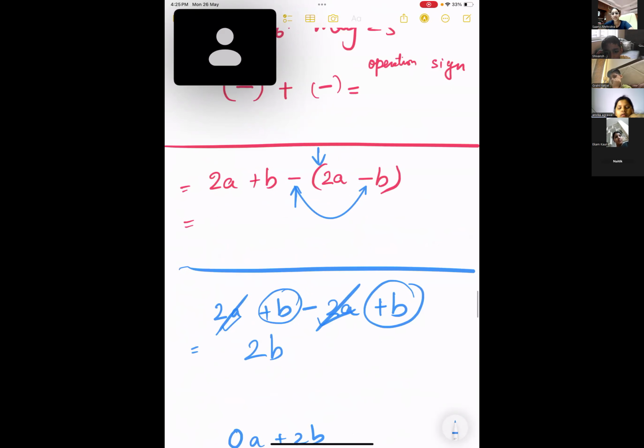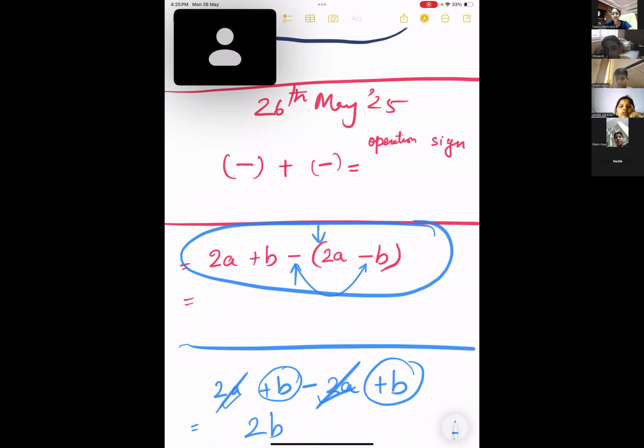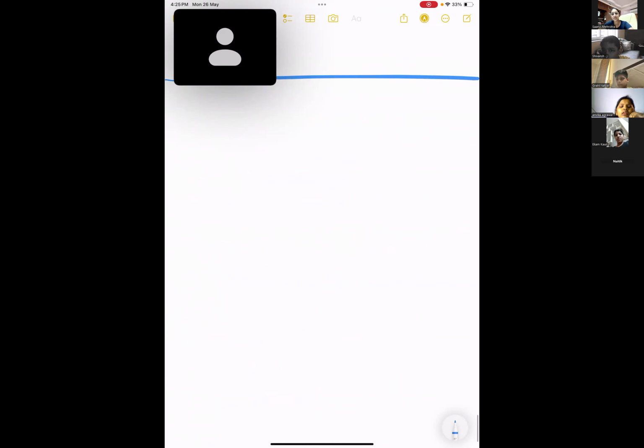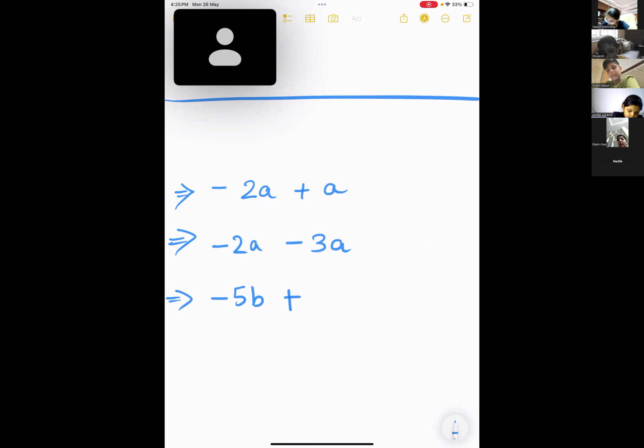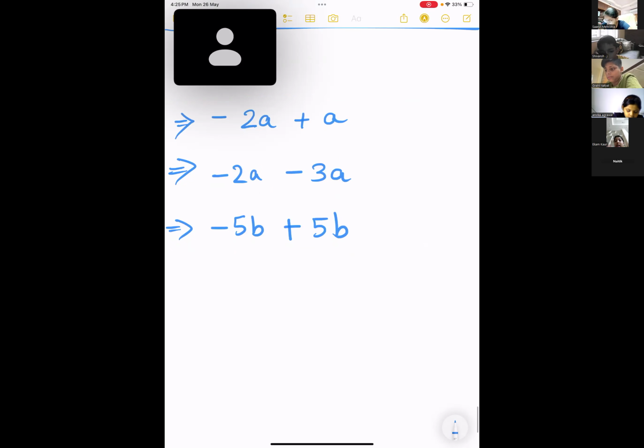So let's try to work on something like this. What is minus 2a plus a? Question number 1. Question number 2. Minus 2a minus 3a. Minus 5b plus 5b. 6a minus 5a.